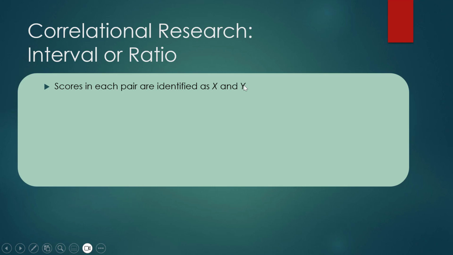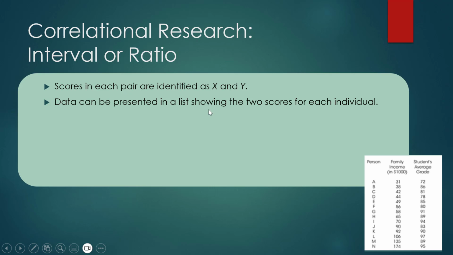You could have much more complicated correlational designs, and many of you have seen that in the research papers you've been reading. The data can be presented as a list showing the two scores for each individual. Here, A through N are different participants, and you can see they have a score for family income and a student's average grade. Note that these are both on a ratio level of measurement. You could have 0 for family income, and you could have a 0 for your average grade.